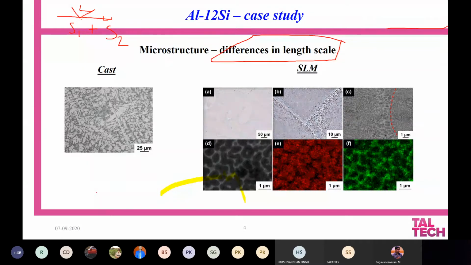The areas which are relatively bright, something like this, are going to be your aluminum.